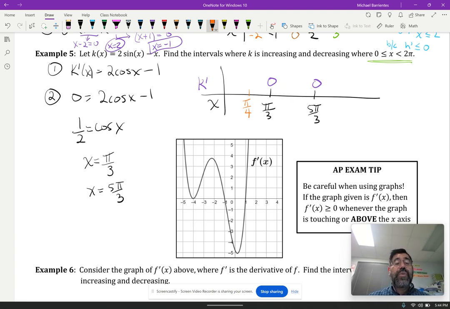I want to know what kind of answer I get when I substitute pi over 4 into my derivative. That would be 2 cosine pi over 4 minus 1. Cosine of pi over 4 is square root of 2 over 2. If I multiply times 2, that's just going to give me square root of 2 minus 1. So the question is, is the square root of 2 bigger than 1?